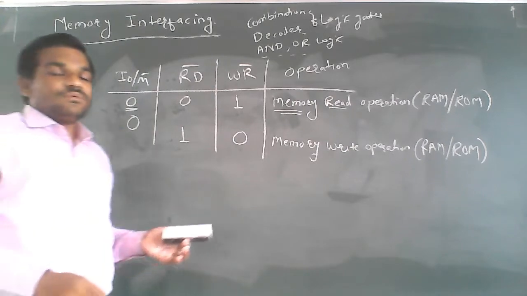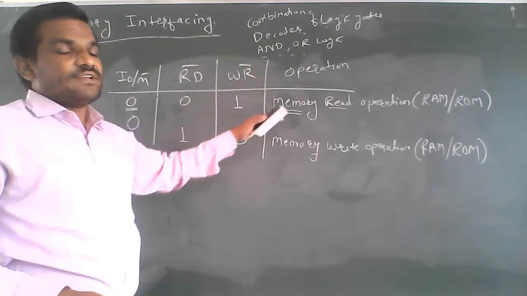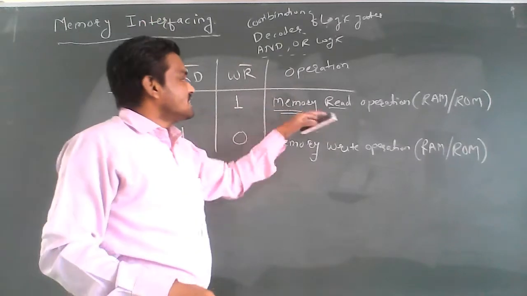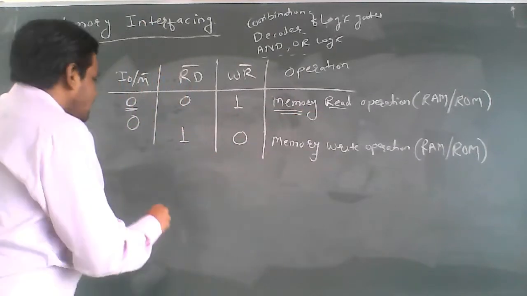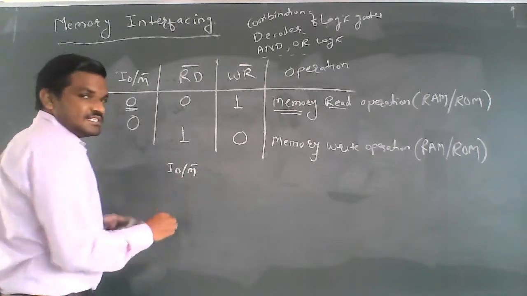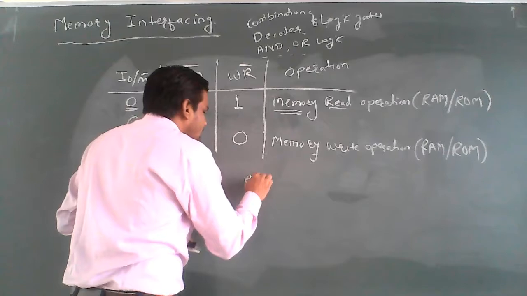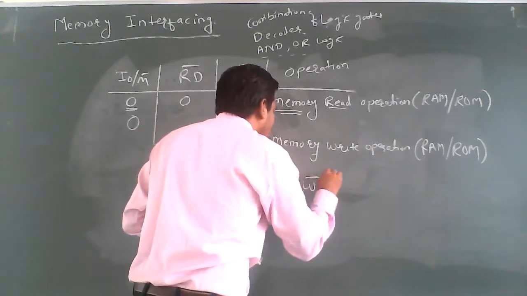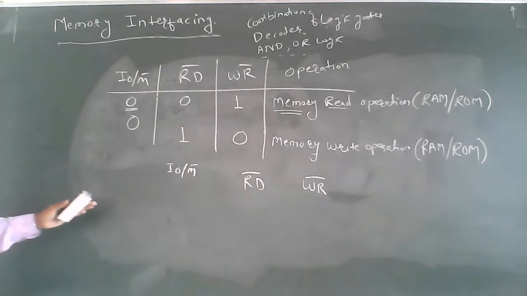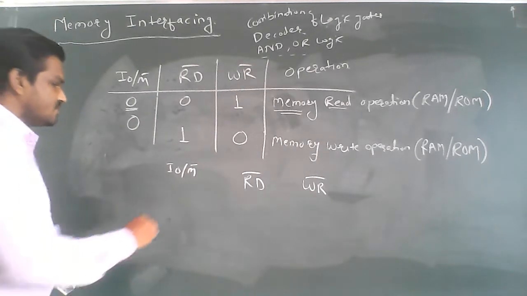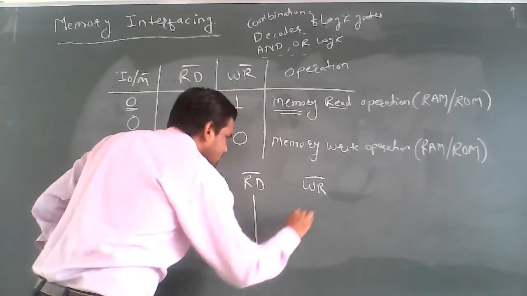When you interface, it is by default assumed that you have made this connection properly. To make these connections, we have the IO/M bar pin, then the RD bar pin, and then the WR bar pin. I am now going to connect our logical circuit.